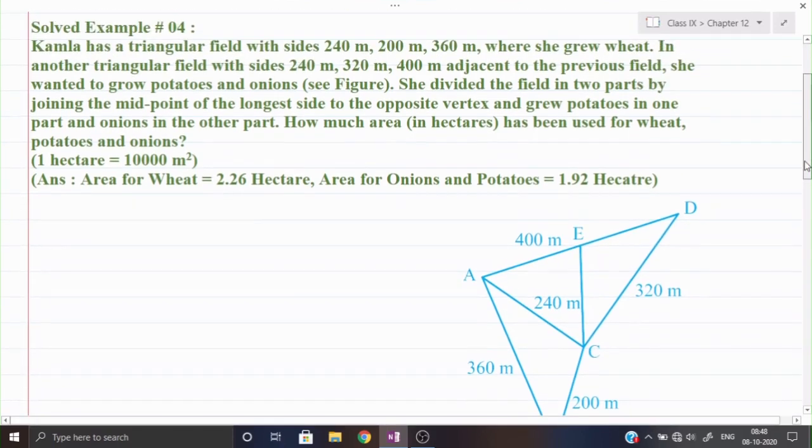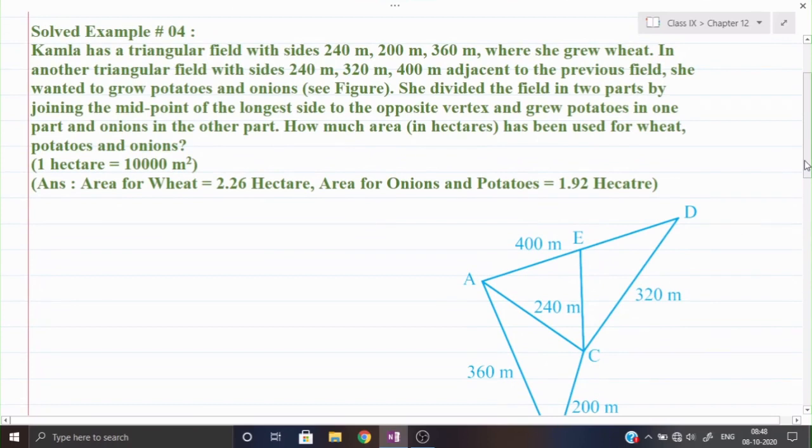Now what is the dimension given to us for this field? Another triangular field, the dimensions are given: 240 meter, 400 meter and 320 meter. Okay, so how can we find out here? Triangle ACD area we will find out first, because triangle ACD dimensions are given, so the whole ACD area we will find out, and then we shall divide by 2 to get the 2 equal areas, one for onion and one for the potatoes.